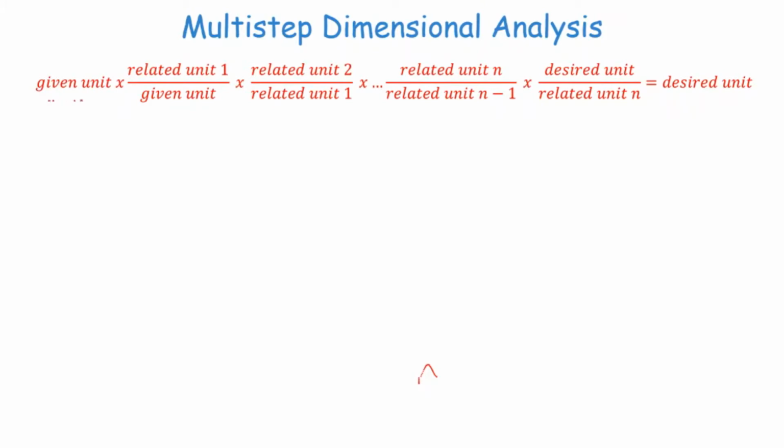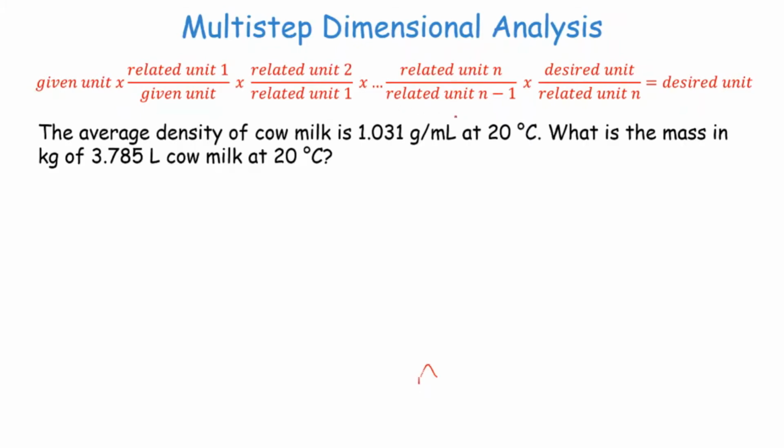So from the given unit, your goal is to find the value for the desired unit, and in between, you may have as many as 3, 5 related units. Okay, so that's what this general equation means. Let's take a look at this problem so that we can digest this equation. So how to use this equation?